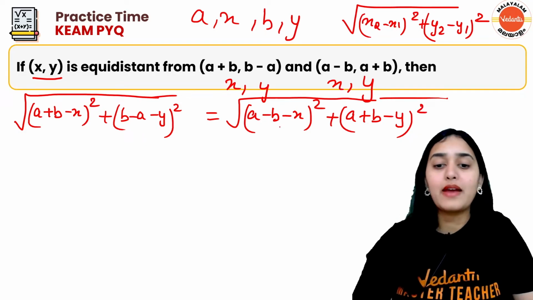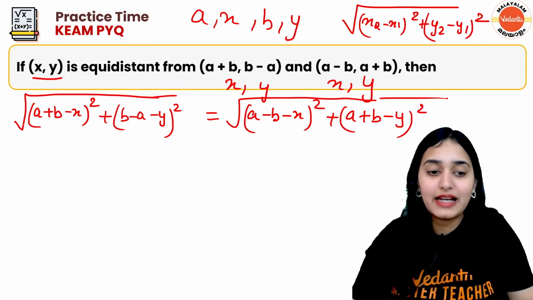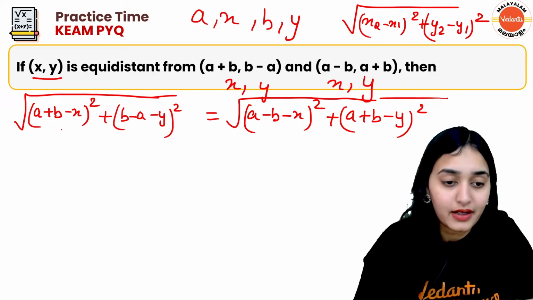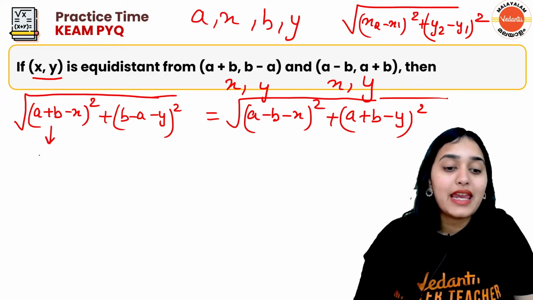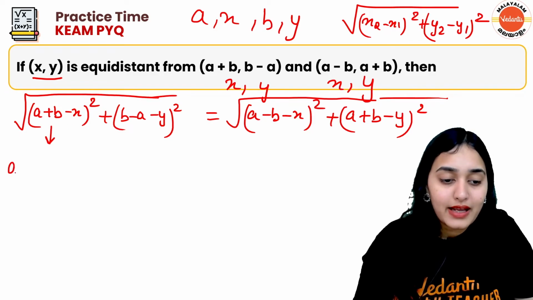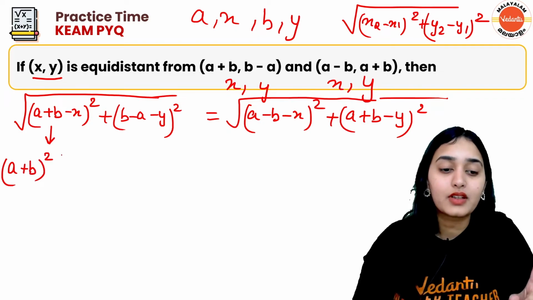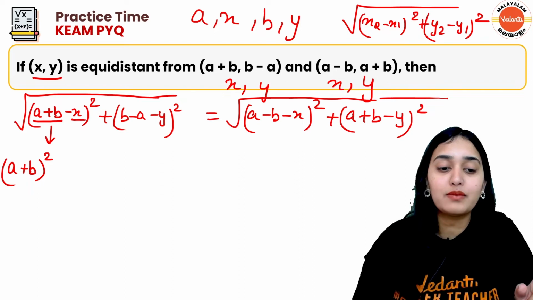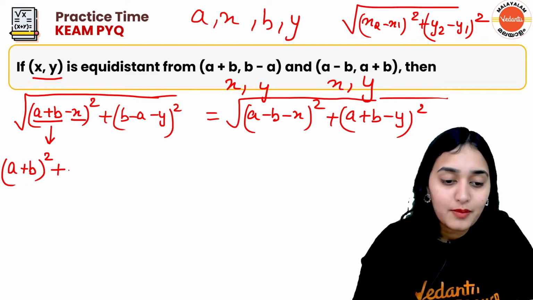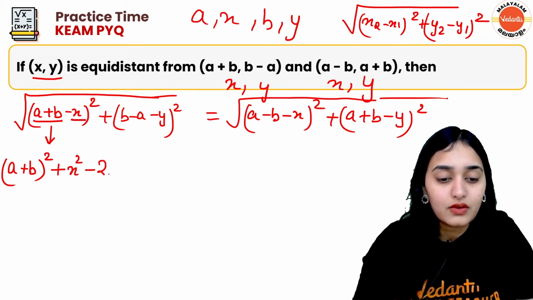Okay. Now the square root is cancelled on both sides. Directly we will solve the square part. Now what is (a plus b minus x) whole square? It will be (a plus b) whole square, so consider this as a, this as b. So a square plus b square minus 2ab.